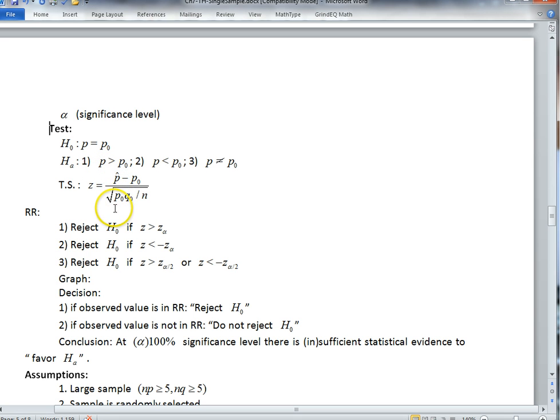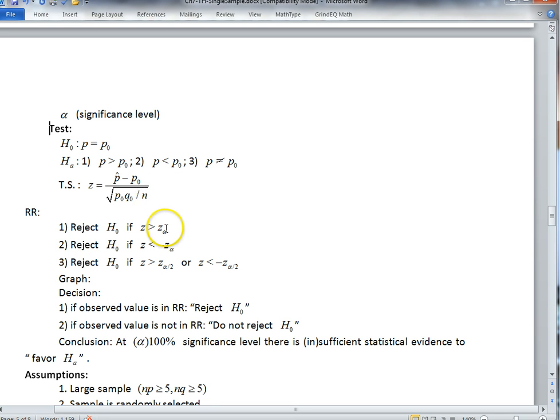And remember, the standard error of p hat is the square root of pq over n, but under the assumption that H0 is true, we use the square root of p0 q0 over n. So remember here it's p0 q0 over n that we use.